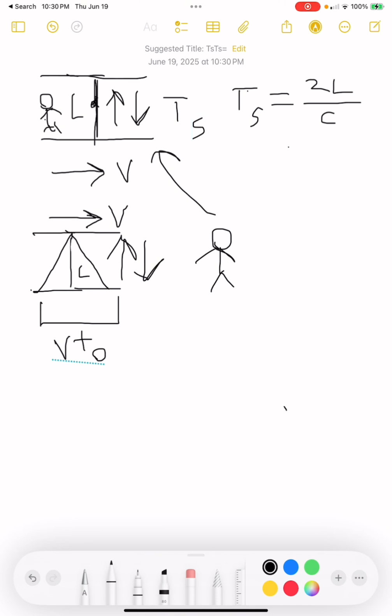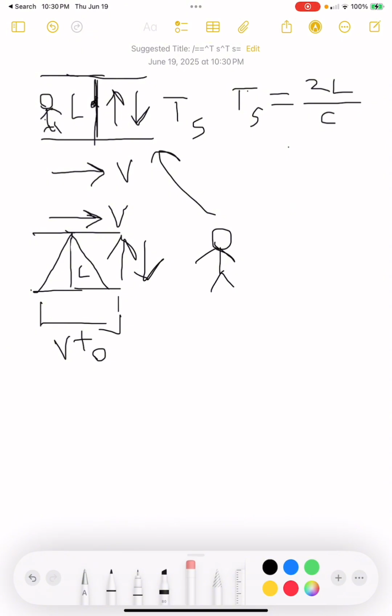Because we can already see it's going to travel a longer distance. So this will not be the same as this. So we can say that t of s is not going to be the same as t of 0, because t of 0 is going to take a little bit longer because of the extra distance.